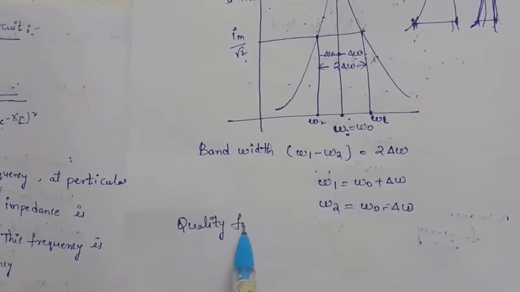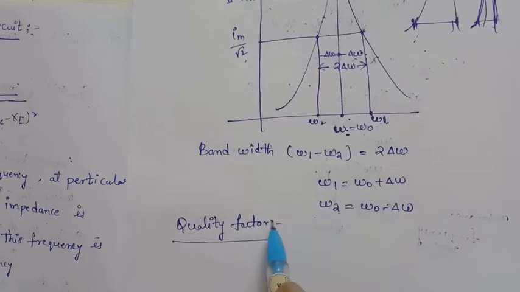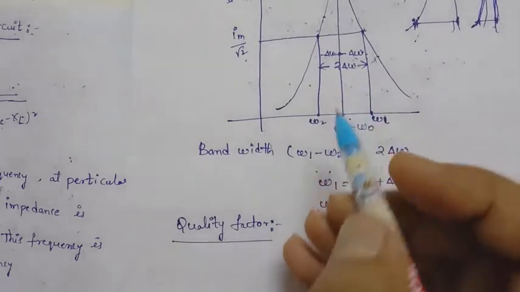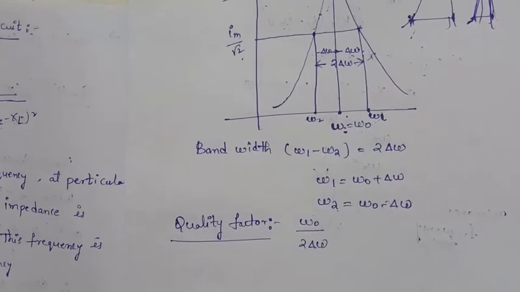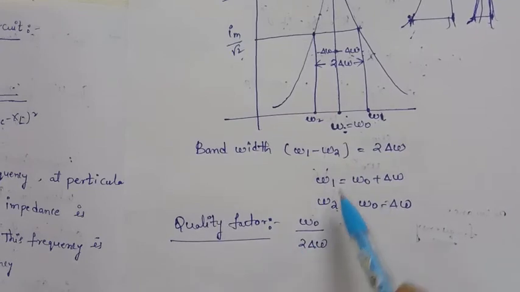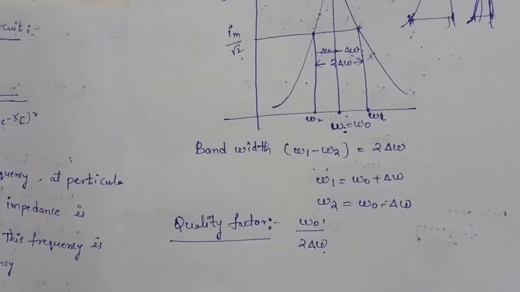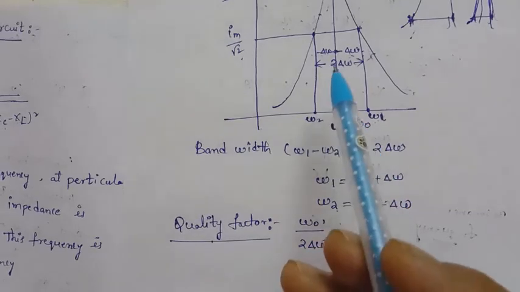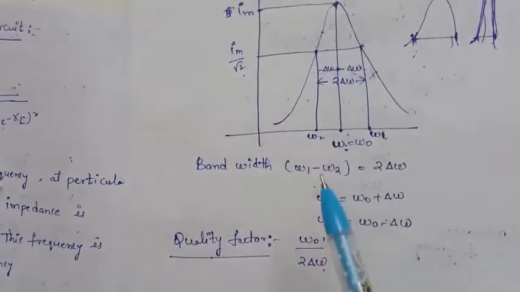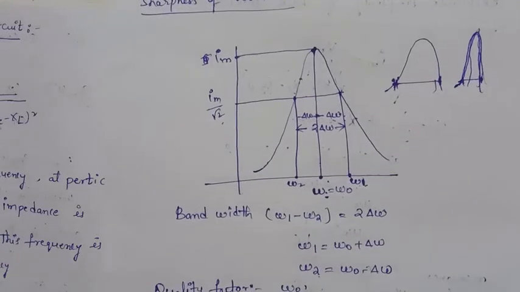What is the definition of the quality factor? It is the ratio of the resonance frequency to the bandwidth. Based on this quality factor, you estimate how much the sharpness is.